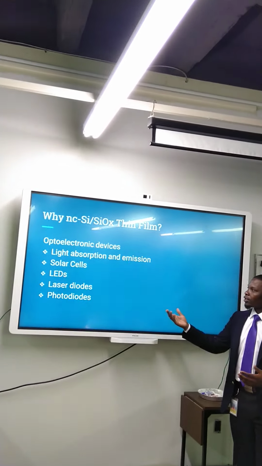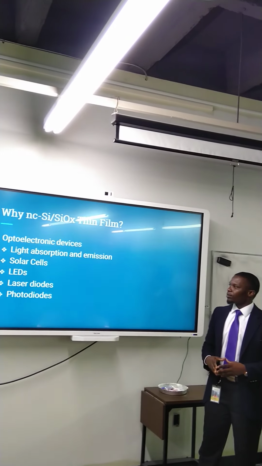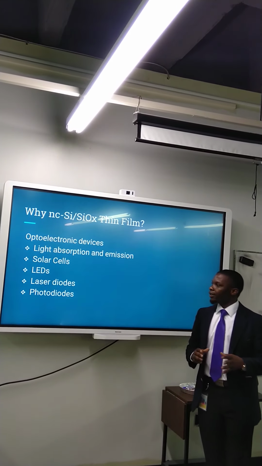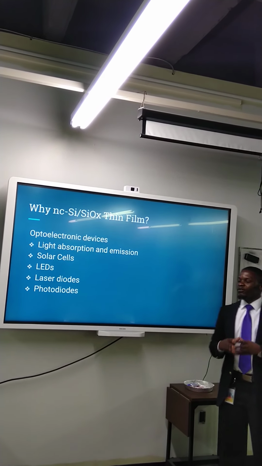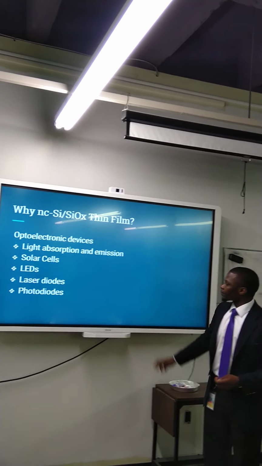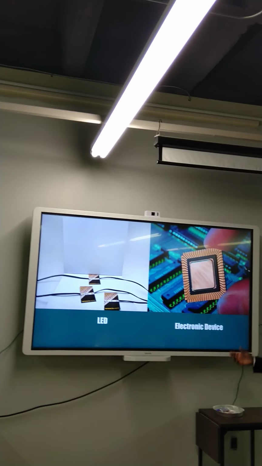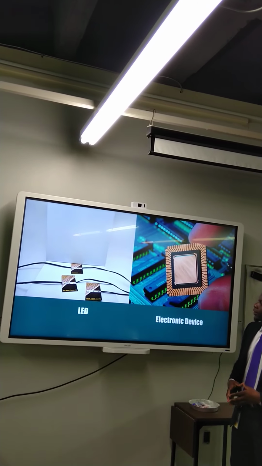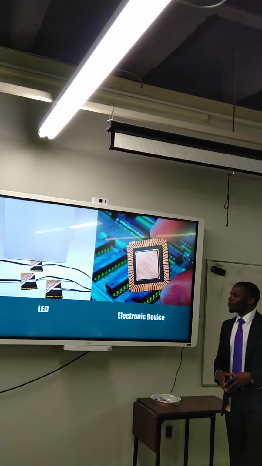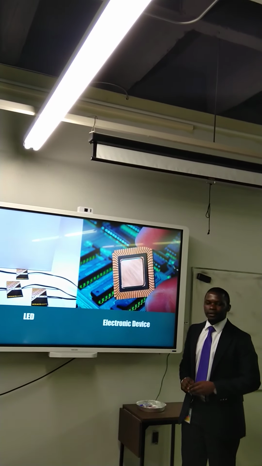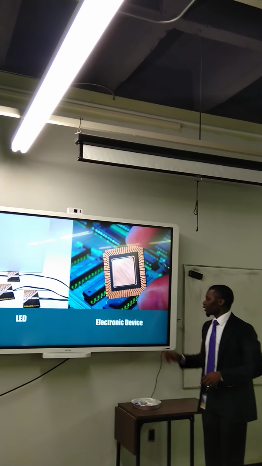It's used in solar cells because of its good light absorption. It's also used in LEDs, laser diodes and photodiodes. These are some pictures showing what an LED is and some of the electronic devices. You might find something like this in your phones, your computers or any electronic device that you may have.